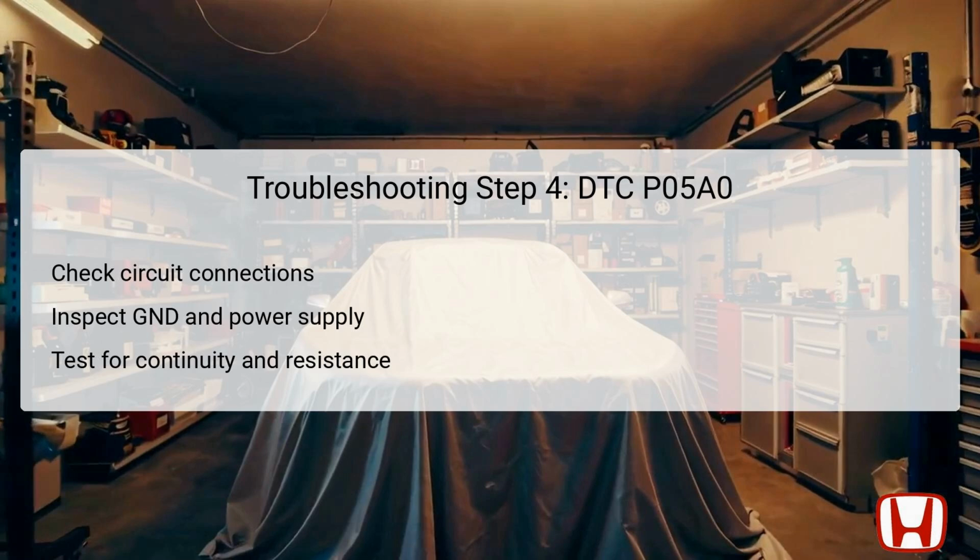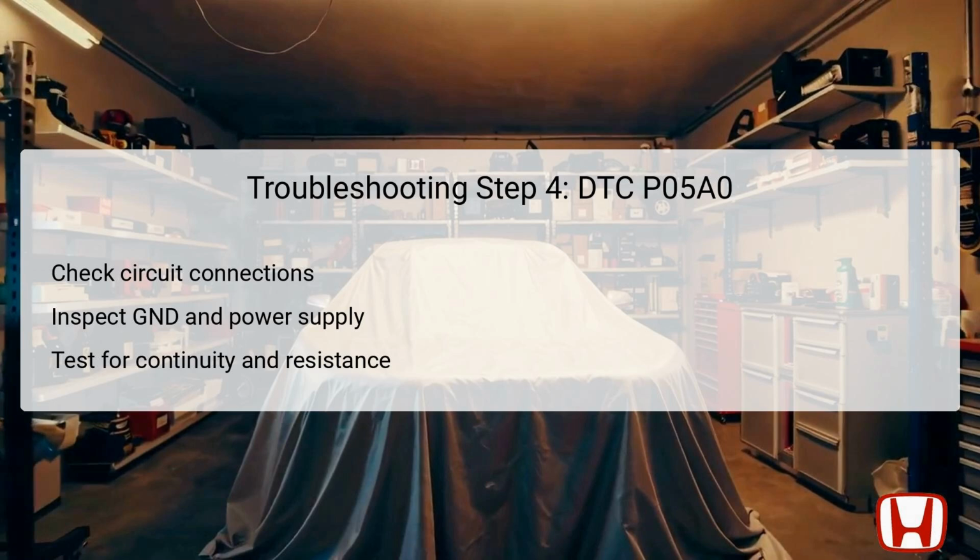Technicians should also verify the power supply line, plus B shutter grille, to ensure it delivers adequate voltage, typically around 12 volts when functioning correctly. Additionally, inspecting the ground (GND) is crucial, as open wires can trigger malfunction indicators. Performing continuity and resistance tests helps determine the integrity of the circuits, identifying shorts or opens that could lead to the DTC being stored.